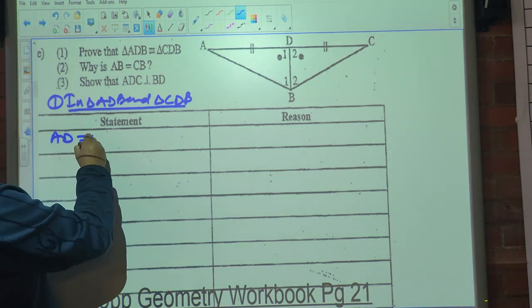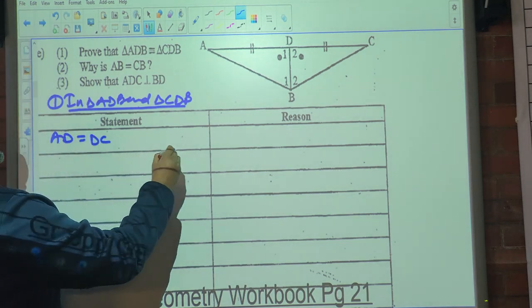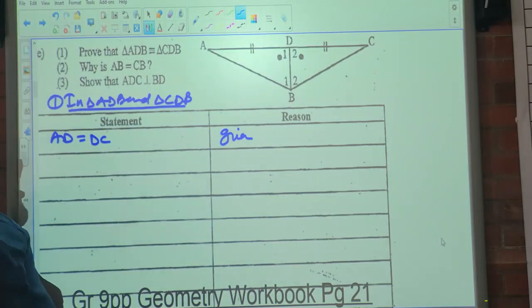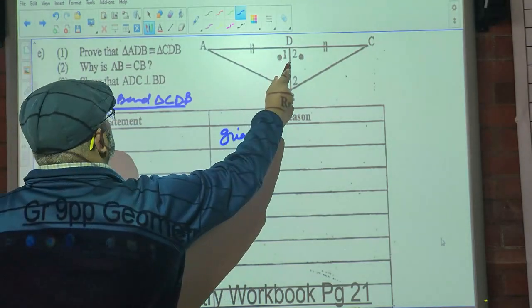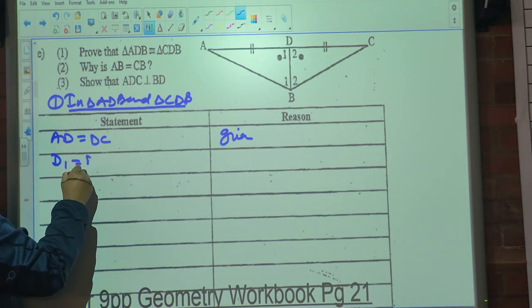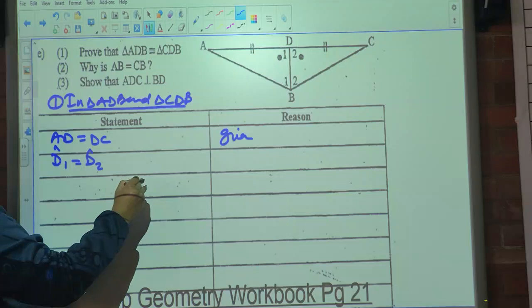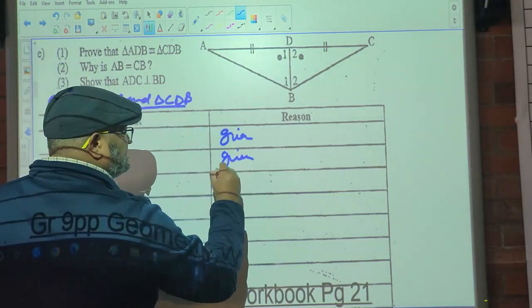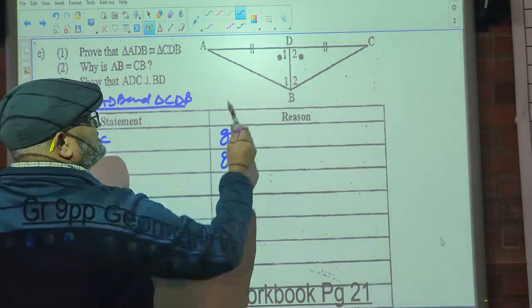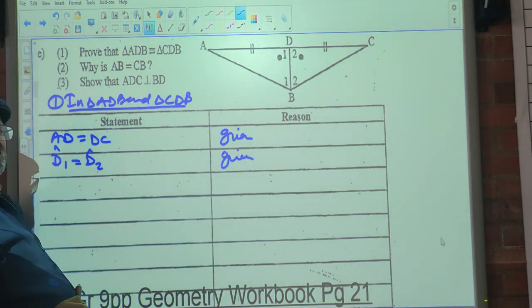That AD is equal to DC. Why? Given. As you can see, those lengths are equal. Then D1 is equal to D2. Why is D1 equal to D2? Those are given to us, not so? As you can see, both have dots in them, which means they are the same.